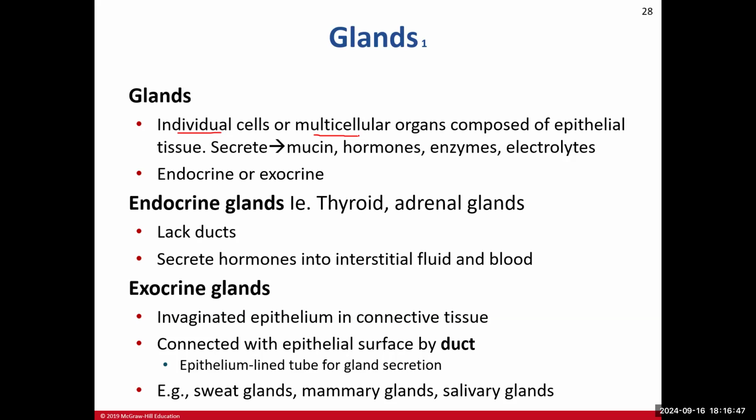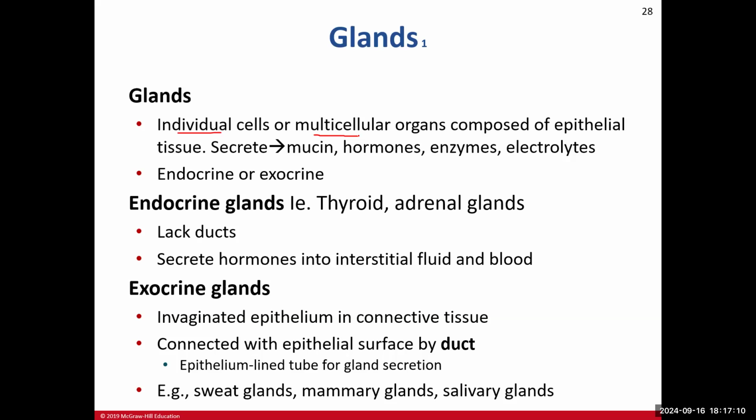Although we won't talk about the hormones too much in this course, you're going to get more into that when you get into another course, 211. You'll talk about the endocrine glands, but those are still secretions that glands will produce. So just a quick review, we have two types. We have endocrine glands and exocrine glands. Endocrine lack ducts.